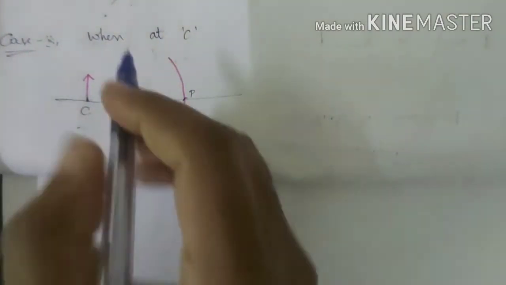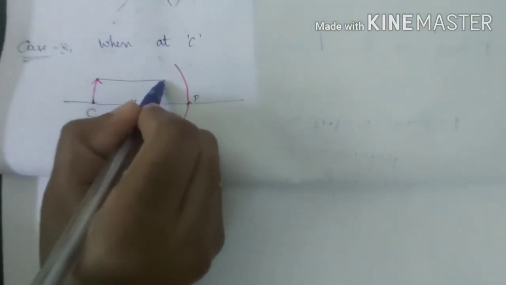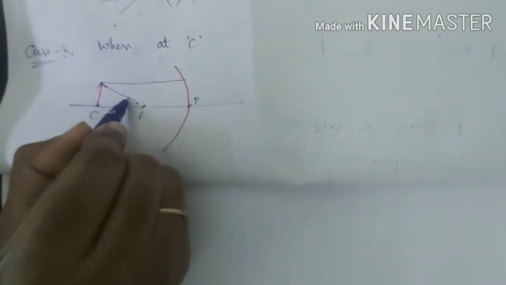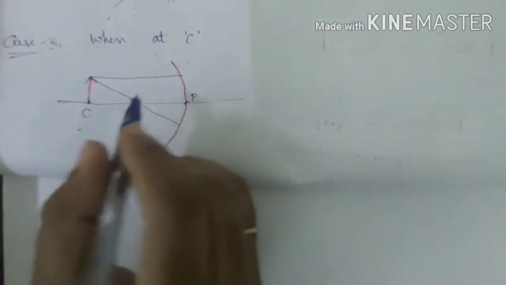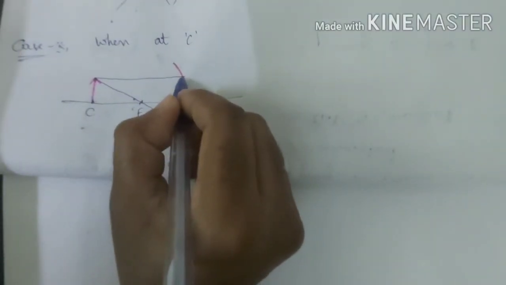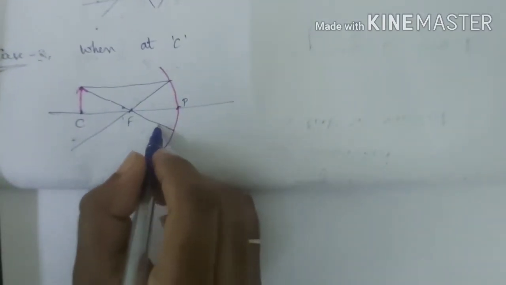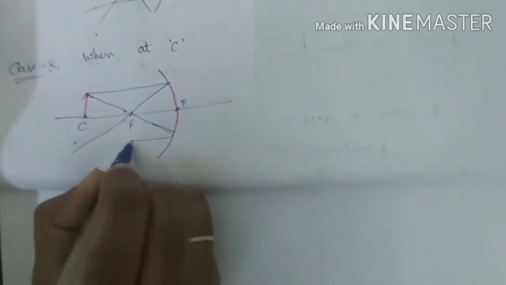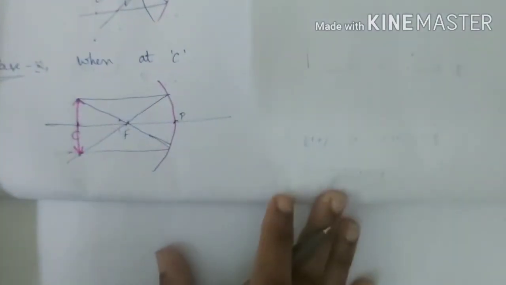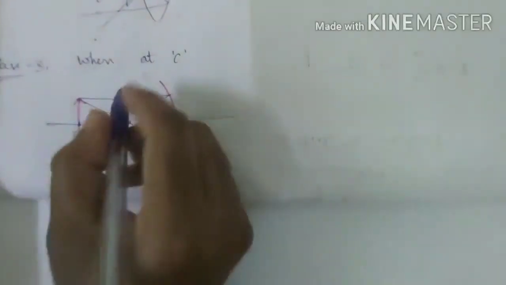Now see carefully, I am taking two rays, ray 1, ray 2. Now see here, this ray will be reflected as such, whereas this will be going and reflecting over here, which means the image will be formed exactly at C. Okay, let me make the marks.